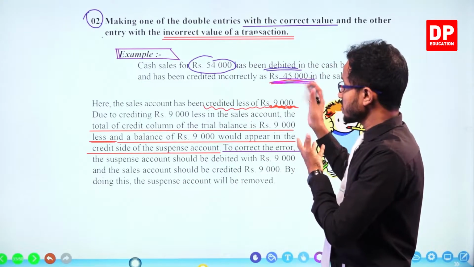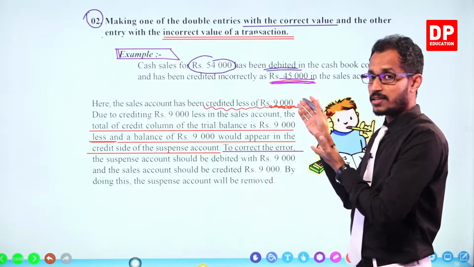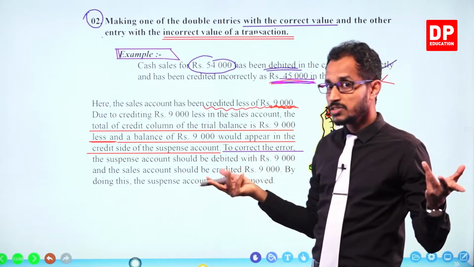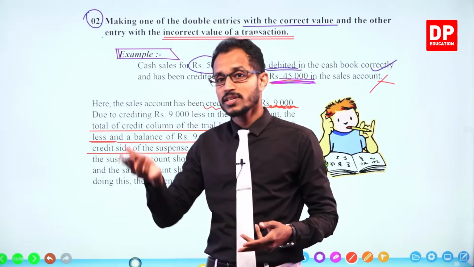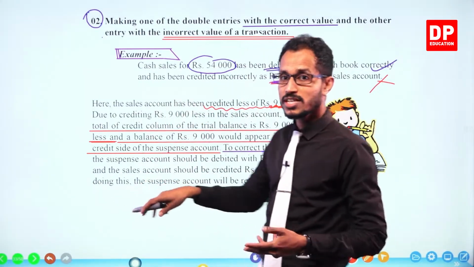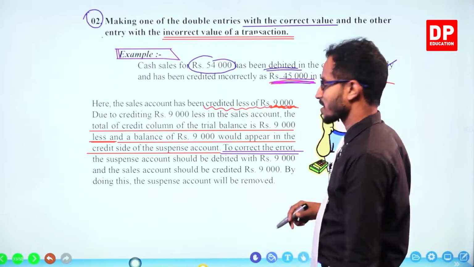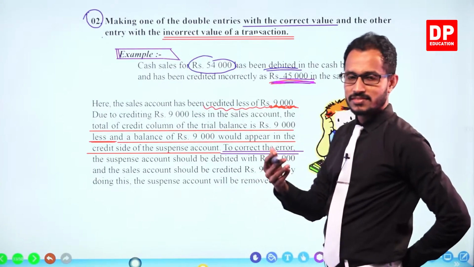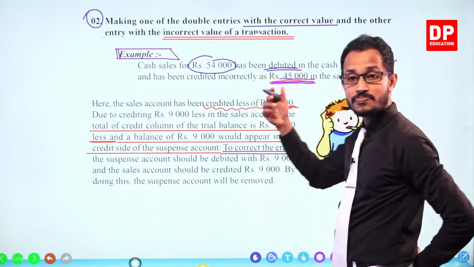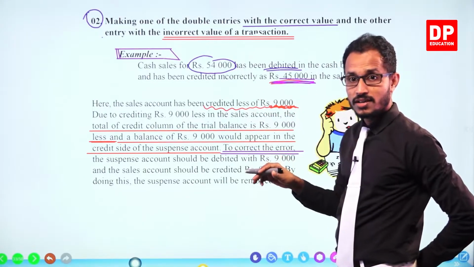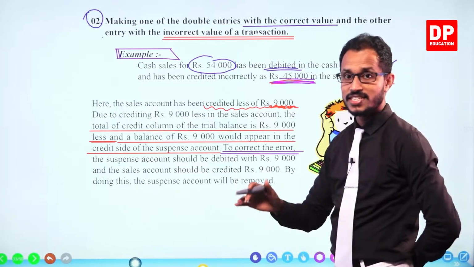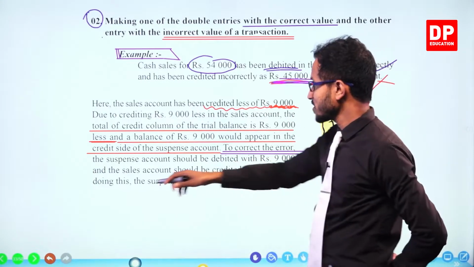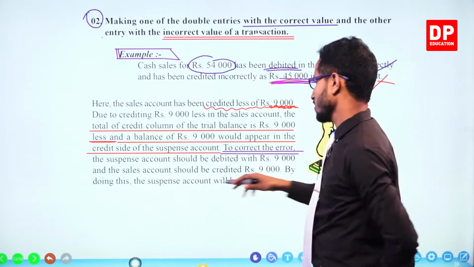After you enter the correction entry to correct this account, there is no other place to enter the double entry, so the second entry goes to the suspense account. That's what we discussed in the previous video. To correct the error, the suspense account should be debited with 9,000.